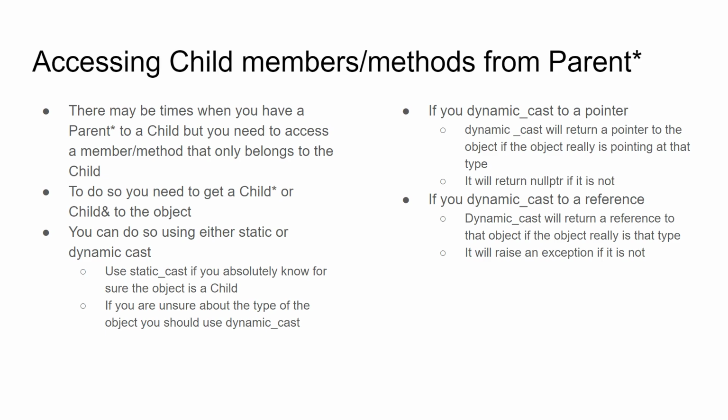If you dynamic cast a pointer to like the child type, and it's really pointing to that child, you'll get back that child pointer. But if it's not pointing to an instance of that child, you're going to get back a null pointer instead. So you can figure out what you are indeed pointing to. If you dynamic cast a reference, if it's really a reference to that child type, it will succeed. If it doesn't actually reference that instance of that child, it's going to raise an exception.